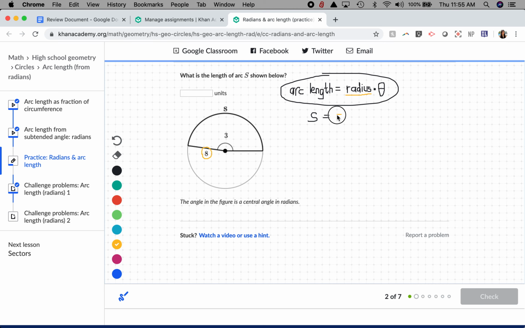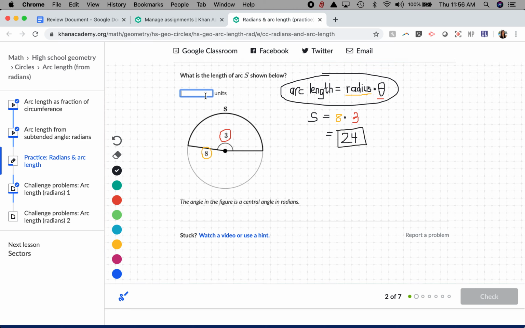So that is 8 times theta, which is going to be the angle measure, which is 3. Multiplying those two together, 8 times 3 will simply give us 24. So arc length is 24 units.